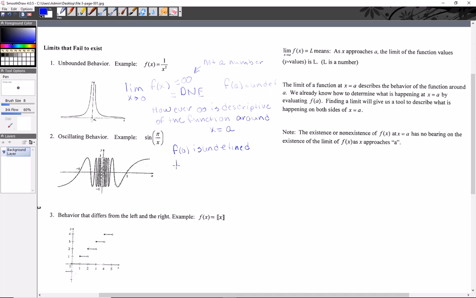The limit as x approaches 0 of this function, we'll just say pi over x, does not exist.